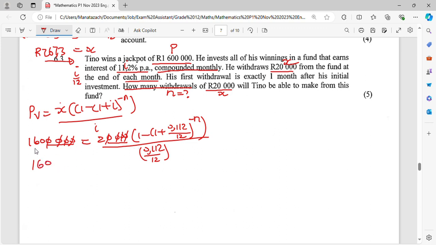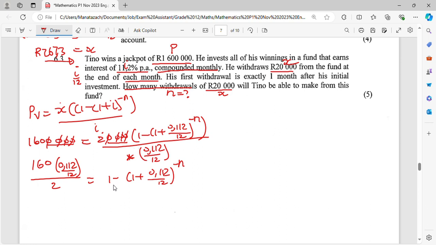So let me continue. On the left hand side, I'll be remaining with 160. I'll be multiplying that with this here, which is 0.112 divided by 12, and then remember this 2 here is going to be dividing this side. Then on the right hand side, I'll be remaining with 1 minus 1 plus 0.112 divided by 12 to the exponent minus n.